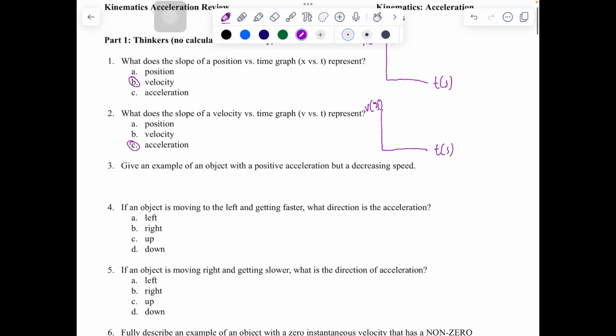Give an example of an object with a positive acceleration, but a decreasing speed. Okay, well here, let's say a rocket coming to rest on a landing platform. It is moving downwards, it's moving in the negative direction.